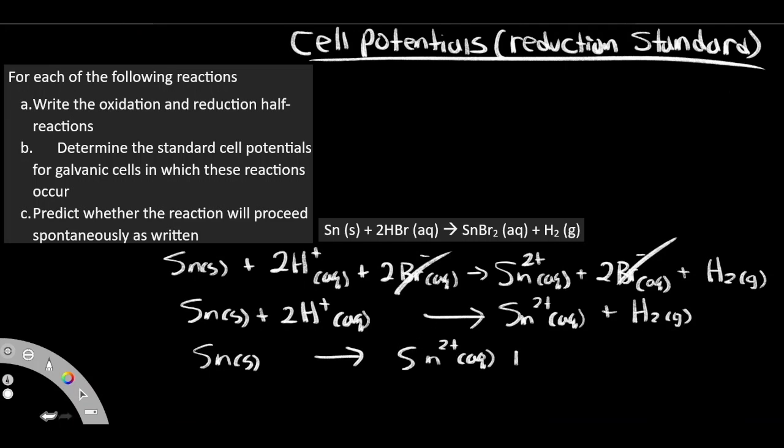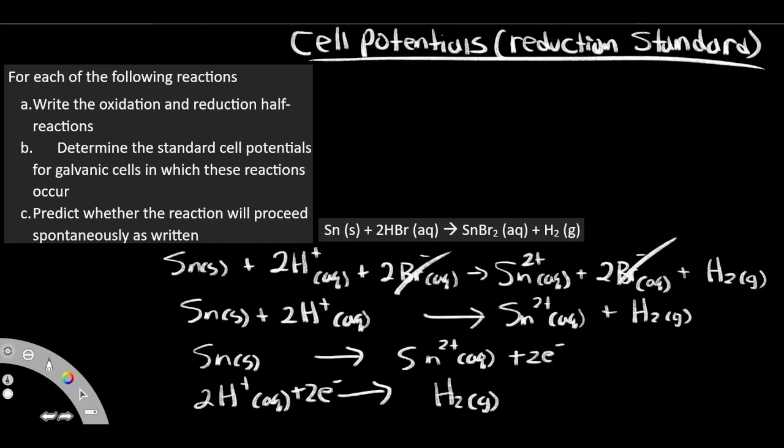Again, 2+ here, let's add 2 electrons here to balance it out, and then now we have our next one, our 2H+ to our H2 atom. 2 pluses here, let's add 2 electrons here for neutrality, and we are done.